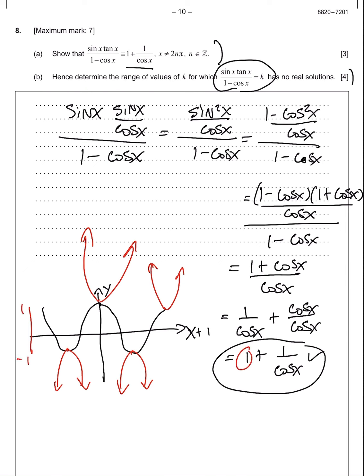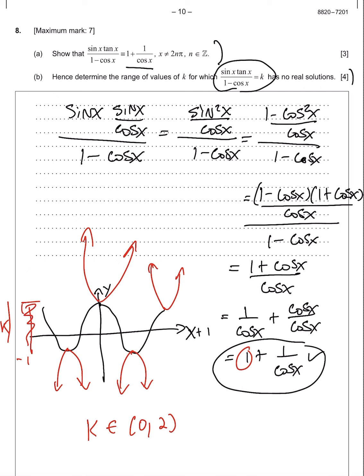But since there's this plus 1 right here, if we want this graph to have no values equal to some k, that means that the k range has to be here. But now it's plus 1, so k needs to be between, but not including, 0 and 2.